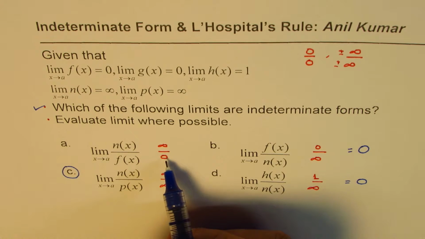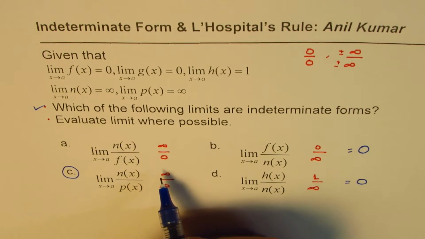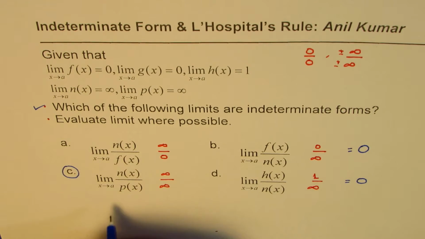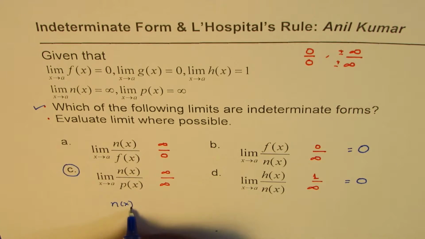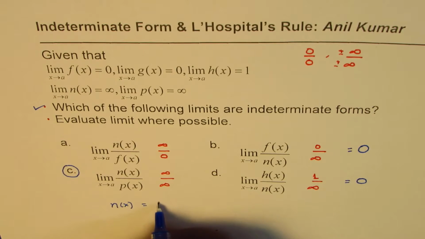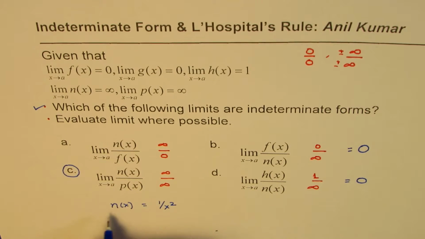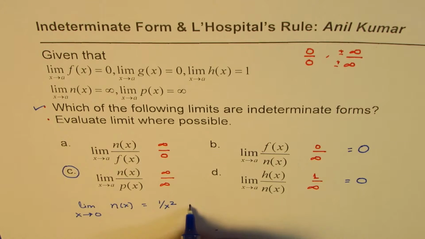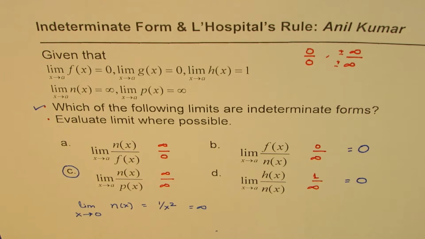This question, however, remains. Here, it is interesting to note that we can get many combinations. Let me take an example of a function to illustrate. If I have n of x equal to, let us say, 1 over x squared, the limit of this as x approaches 0, so our a could be 0, is actually infinity.